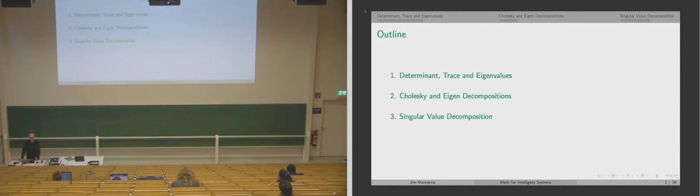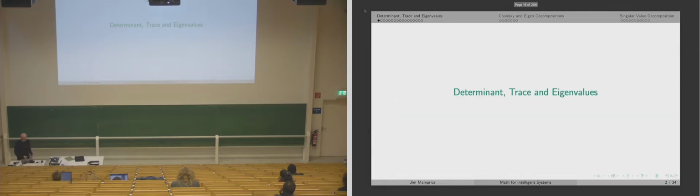Actually, the eigen decomposition doesn't even work for all square matrices. So that's all. I think we're only going to see the first section. This is only what I had in mind anyway.